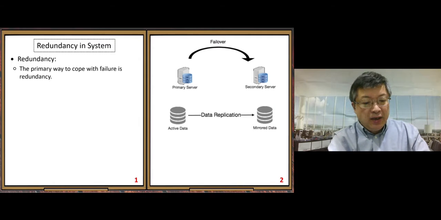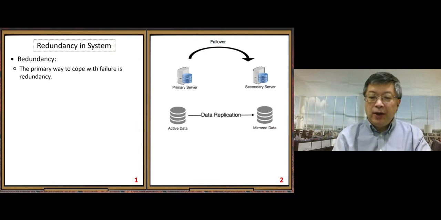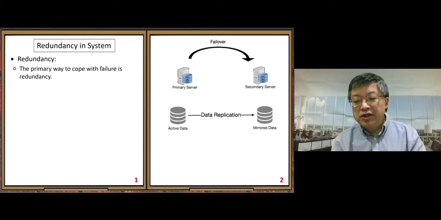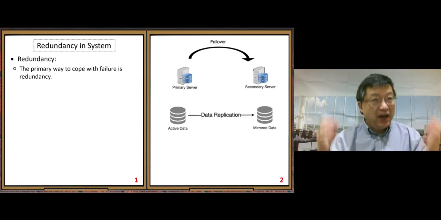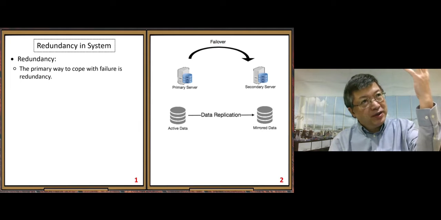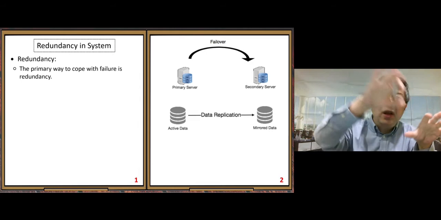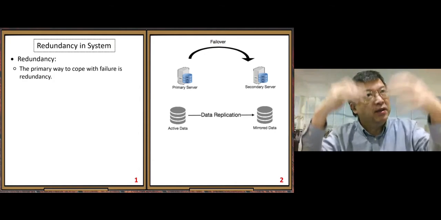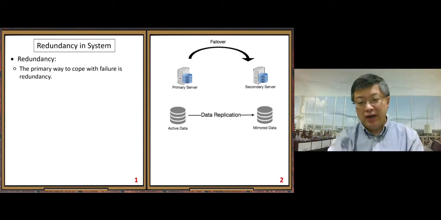All right, so let's look at this picture. Primary server, secondary server, redundancy. If any failure occurs, you can quickly move to the secondary server and provide the same service.